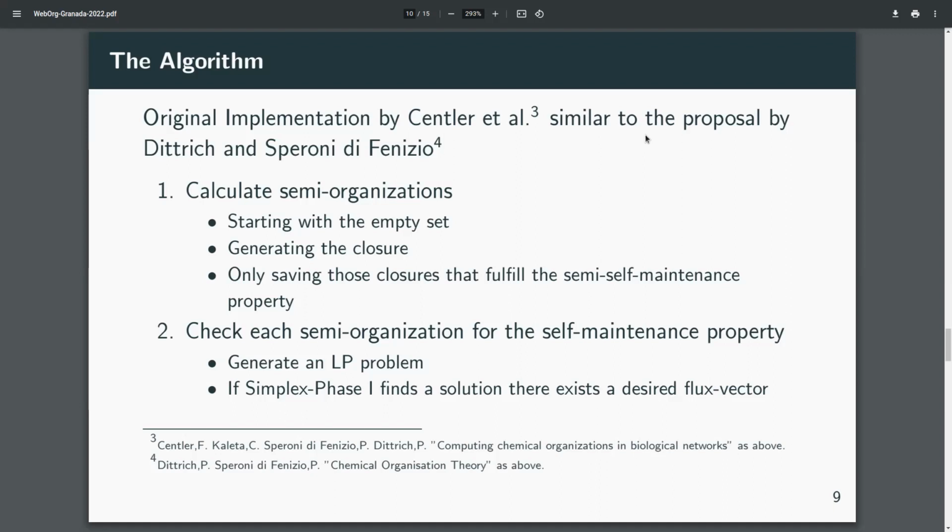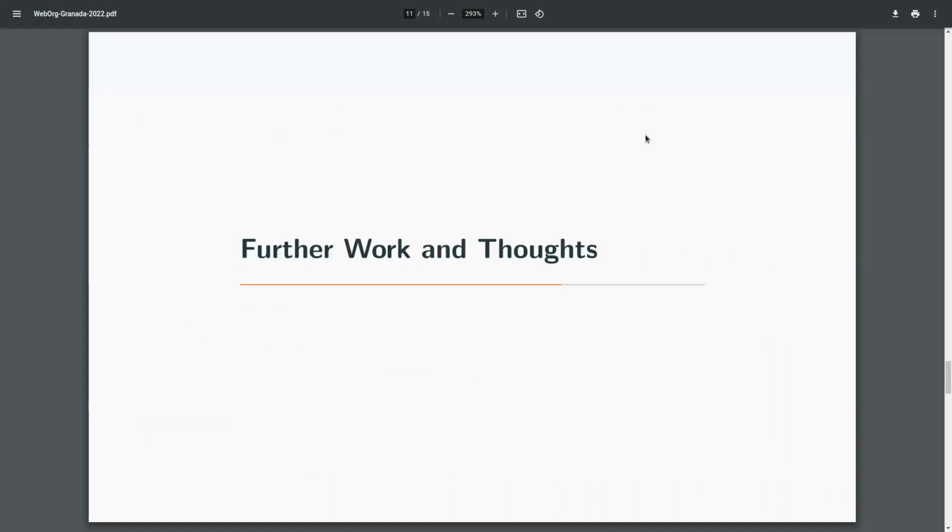We just need to pre-solve it and see if it finds a solution. Because if it finds a solution, we know there is a flux vector that is desired, and that's all we have to do. We don't need to show what the flux vector is. Then that's more or less everything my software can do at the moment.